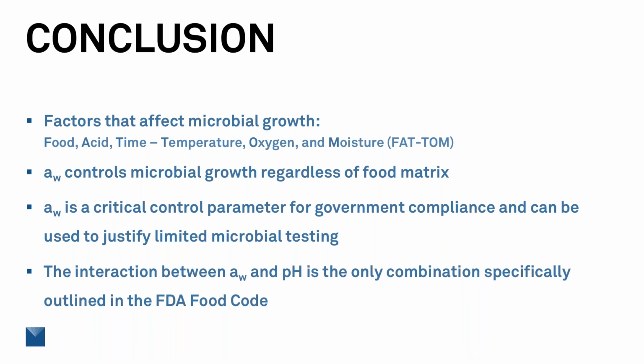As you can see from what we were talking about before about the specifics, the different common food pathogens, there's a lot of industries that overlap for different microbes. And the interaction between water activity and pH is the only combination that is specifically outlined in the FDA food code. So I think that is it for me.